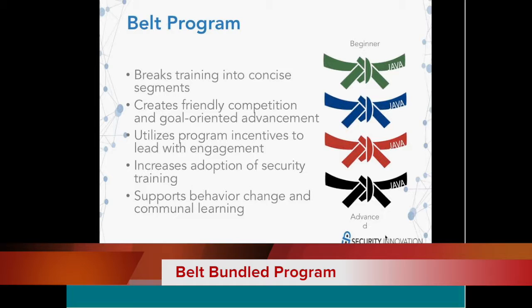By completing a belt, they get recognized for it. You can give rewards or recognition, and it gets them moving along these different belts and programs. And they can choose however they want.